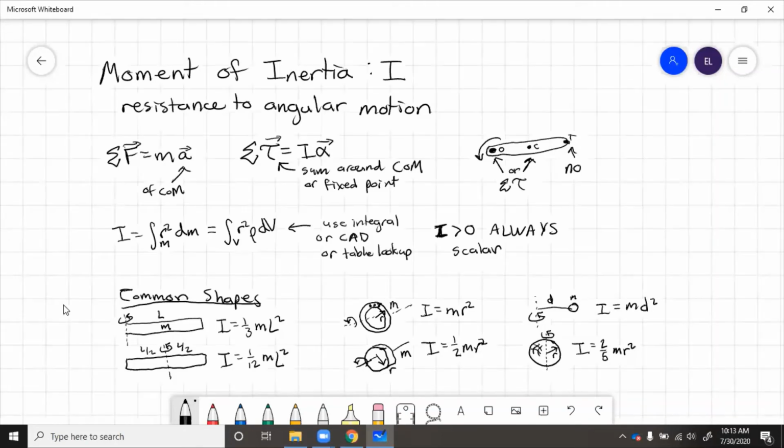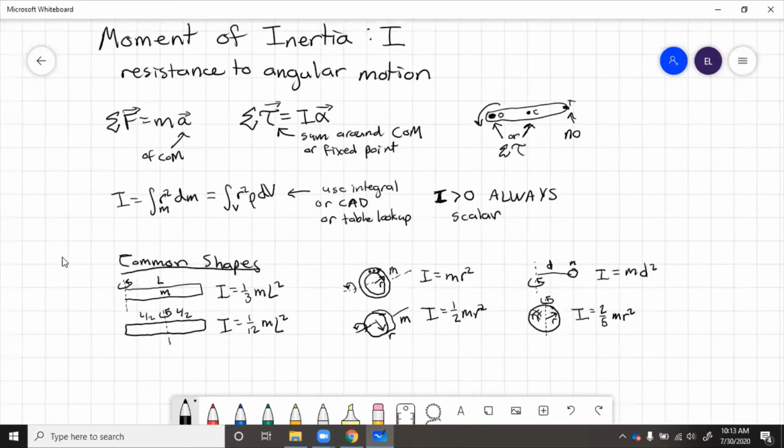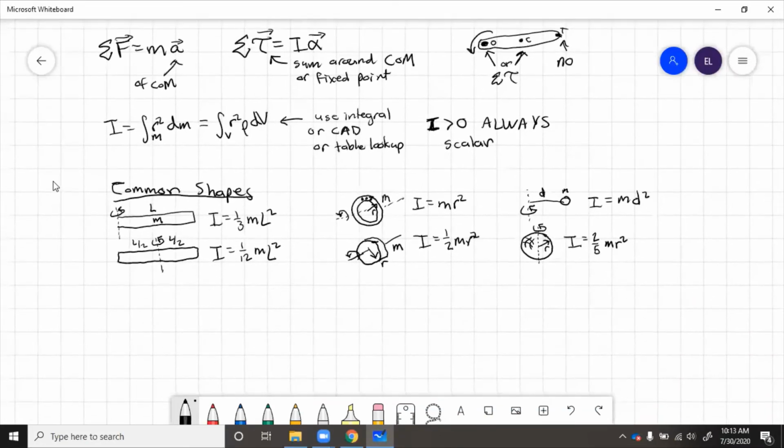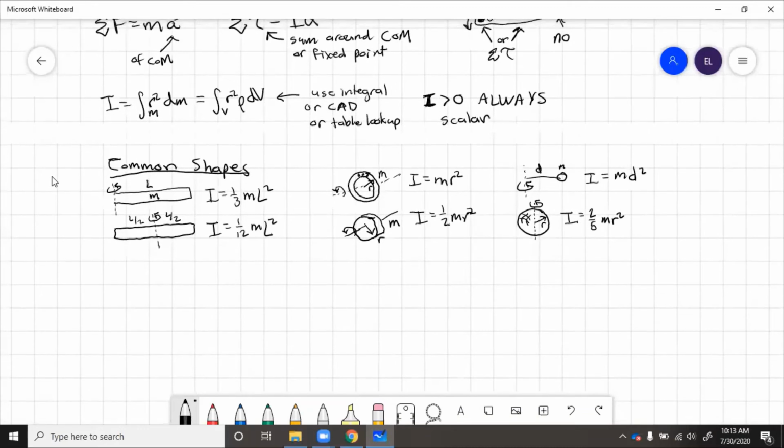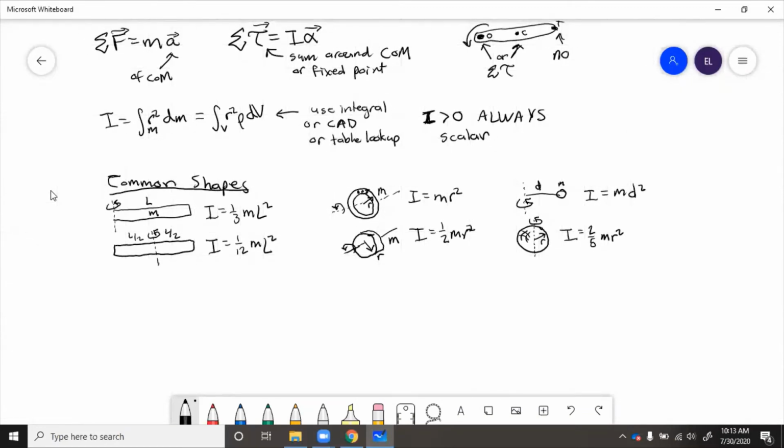So these are mostly for something rotating around its center of mass, except for the particle, which is rotating around a distance away. But you can see that when something is rotating around its center of mass versus when it's rotating around a different point, the moment of inertia changes.